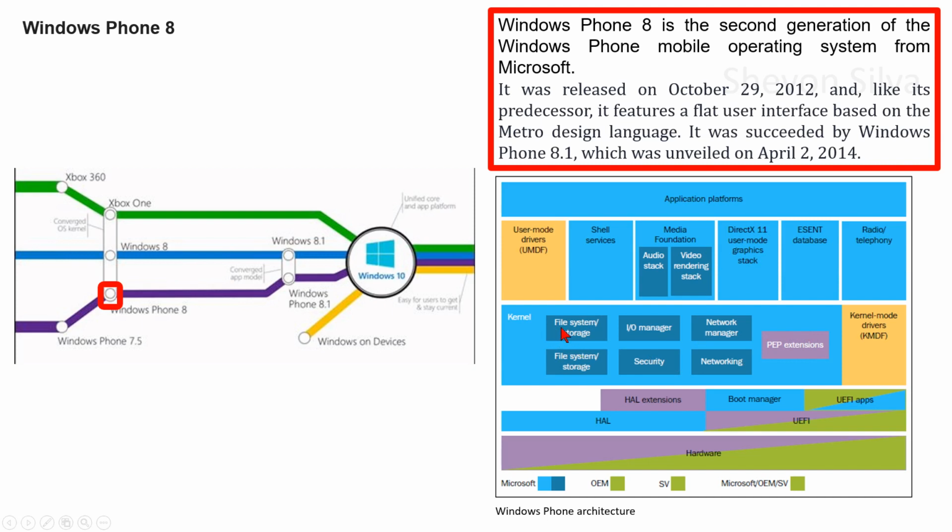Within that you can see file system storage, IO manager, security, network manager, networking, and PAP extensions. You can see kernel mode drivers, KMDF here, and below that you can see HAL extensions.